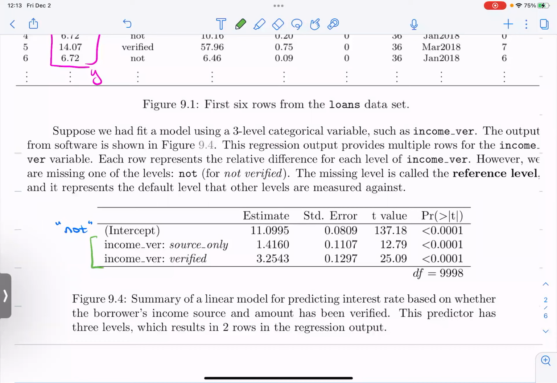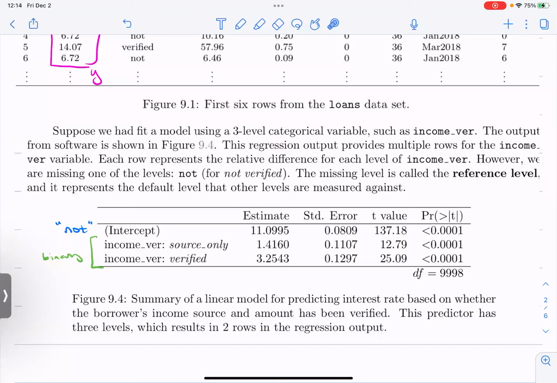So now these have been converted to binary variables. And the not verified category, which is now the intercept, just like we don't remove the intercept from a simple linear regression, we need some anchor. That's how the intercept is still working, but it absorbs and takes the place of one of the categories.